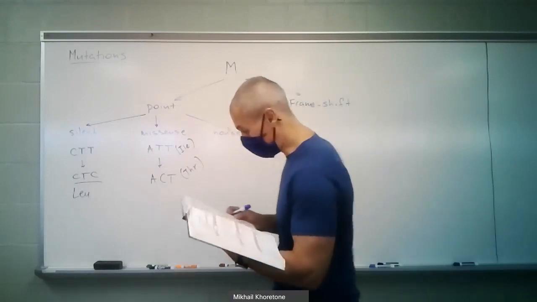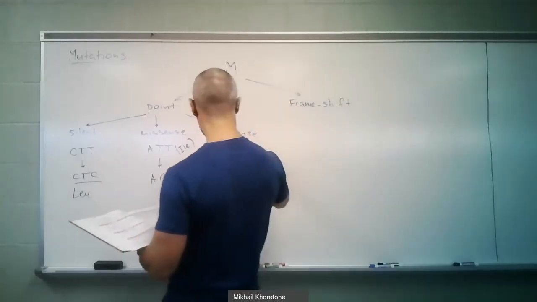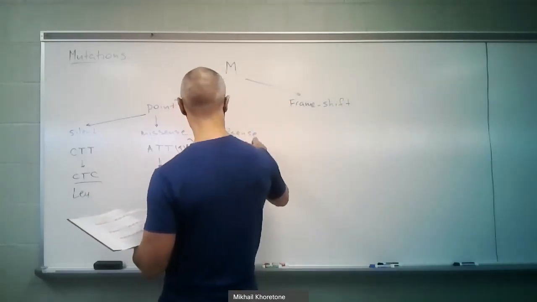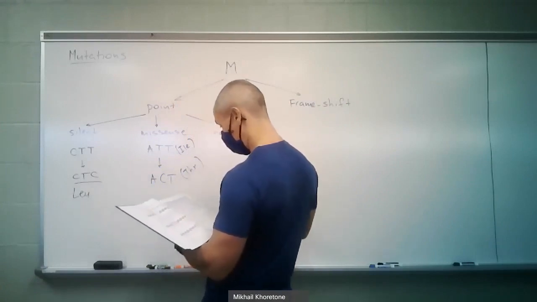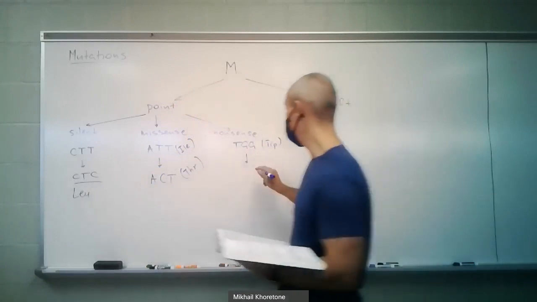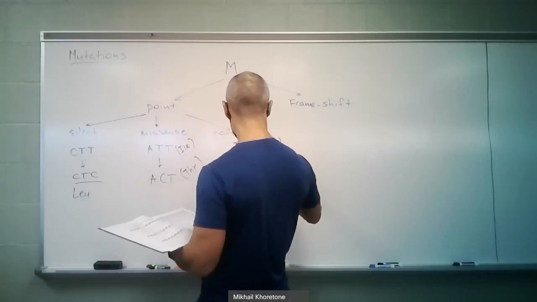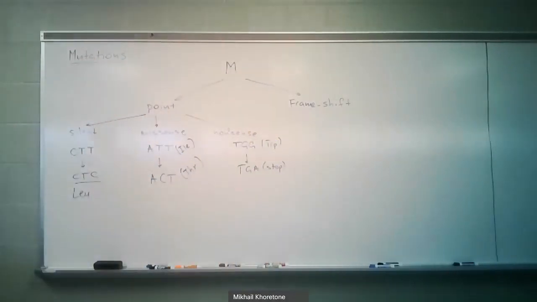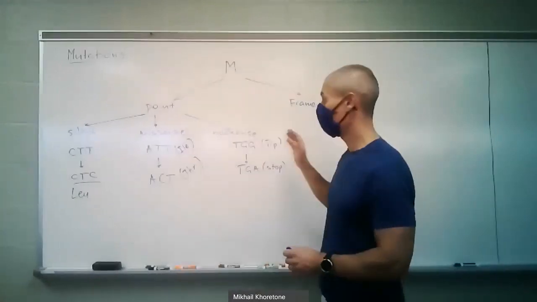And finally, nonsense mutation. So imagine you have a codon TGG, which encodes tryptophan, but G gets replaced by A, so you get TGA, which becomes a stop codon. Does that make sense?